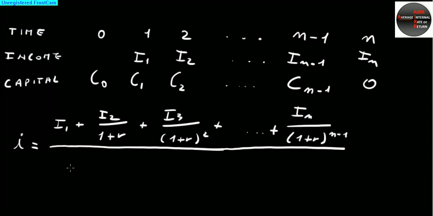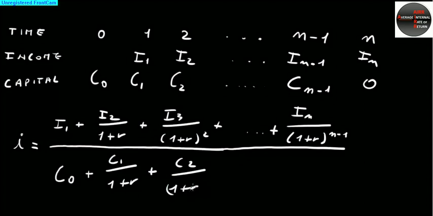And the same for the capital. The first capital is C of 0, and the second capital is discounted by 1 period. The third capital is discounted by 2 periods, and so on. And the last capital, which occurs at the beginning of the last period, so at time n minus 1, is discounted by n minus 1 periods.